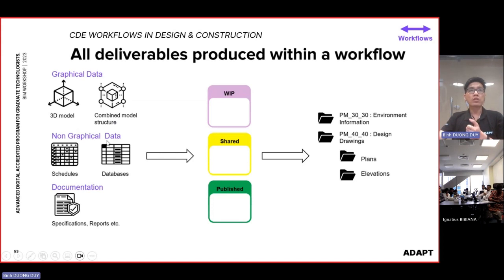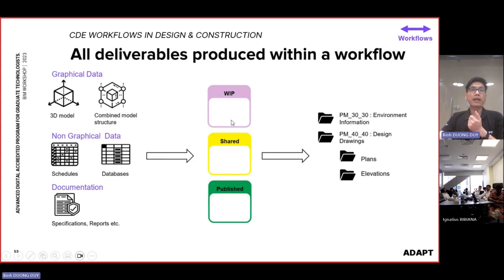We have non-graphical data, like the schedule and database, and we have some documentation, like drawings, specifications, and design reports. So all the information is going to be shared, right? Because this is the information we are working on, and also the final information we are sharing with, or submitting to, the client and sharing with other stakeholders. This is all the data we need to work with. So with this, we have to have a space.